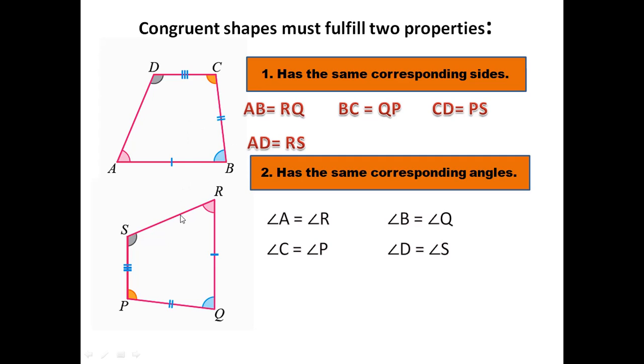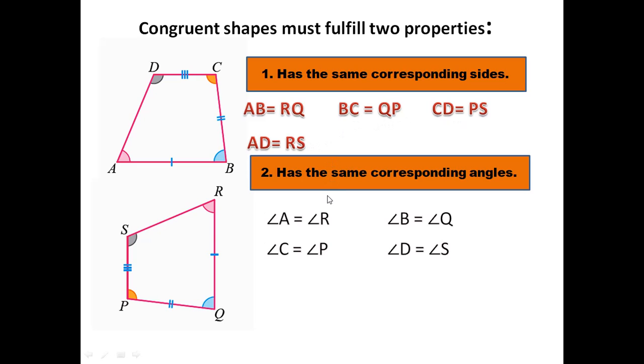Now, here are given two shapes. Are they congruent? We must check their properties of corresponding sides. From the corresponding sides, we find that AB equals RQ, BC equals QP, CD equals PS, AD equals RS. All the corresponding sides are the same.